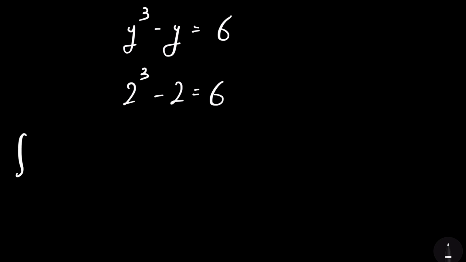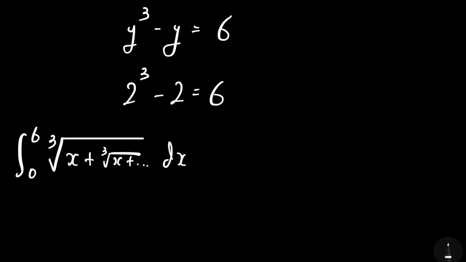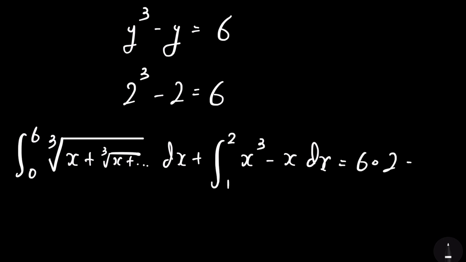So, substituting all of this into our equation, we have the integral of the cube root of x plus the cube root of x, and so on, plus from 1 to 2, the integral of x cubed minus x dx, the variable doesn't matter, I've substituted x for y here, is equal to b f(b), which is 6 times 2, minus a f(a), which is 0 times 1.